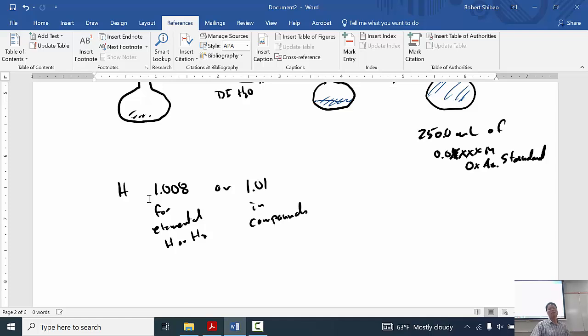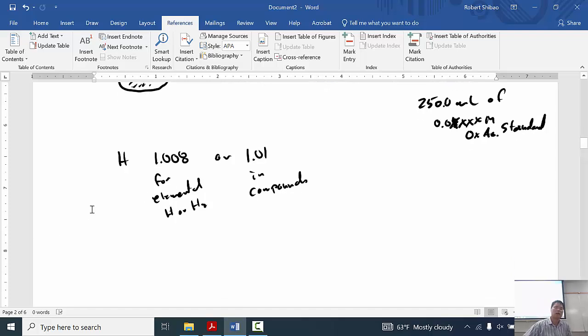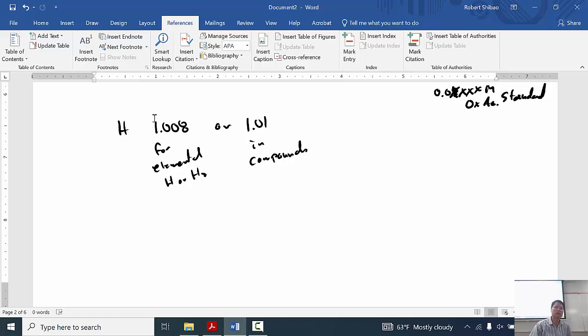Well, 1.01 is leading to round-off error, but you're going to make a compromise. A little bit of round-off error for speed. Sometimes it's worth the speed because calculations with 1.01 are easy.